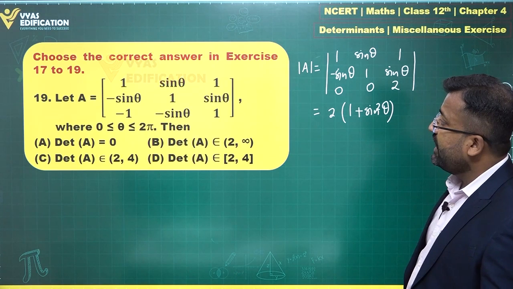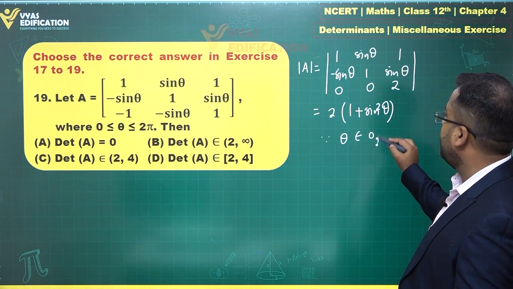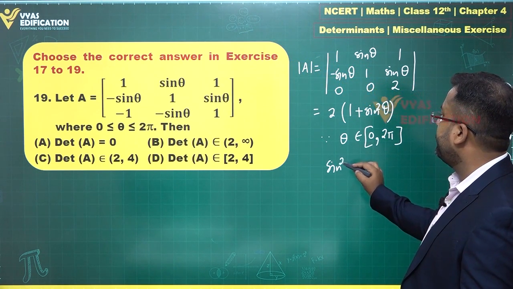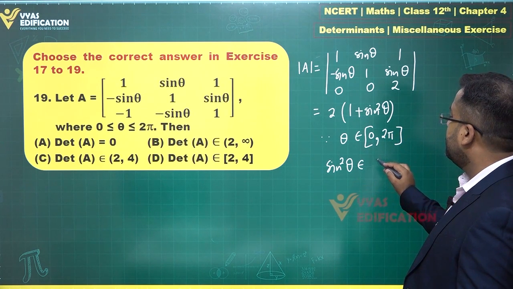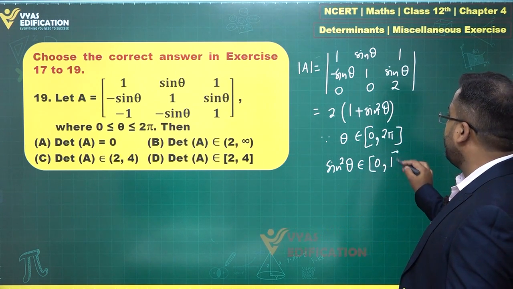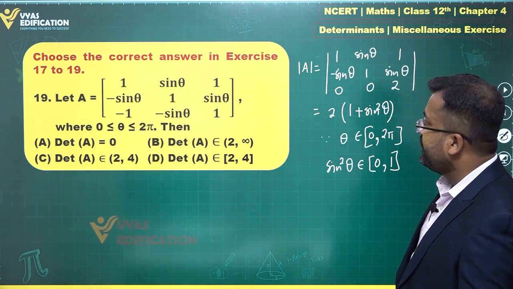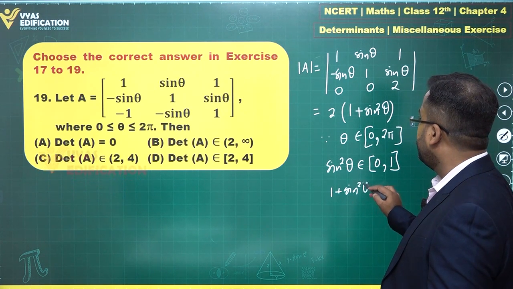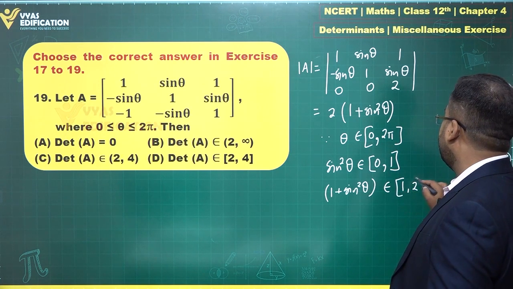This is determinant of A, and since theta belongs to 0 to 2 pi, that's the complete interval, sin square theta will belong to which interval? This will be from 0 to 1, since this is a square, so all the negative values will be converted to positive. And 1 plus sin square theta would belong to 1 to 2.